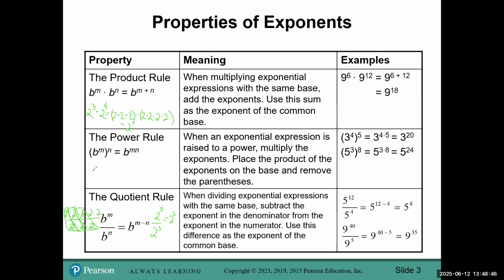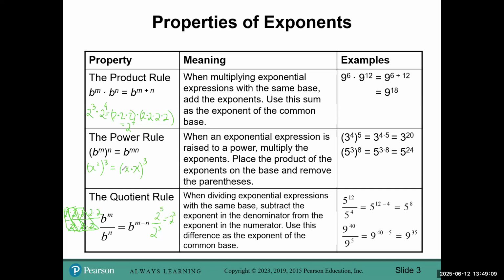For the power rule, we'll do another example. So this time, let's just use x. Say I have x squared, and then I want to cube it. So what is x squared? That's x times itself twice. And then I want to cube that. So I'm rewriting x squared as x times x.